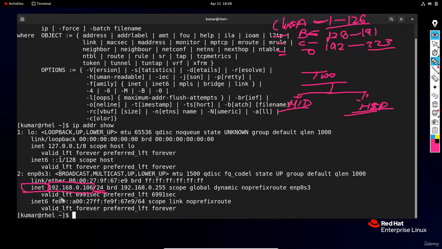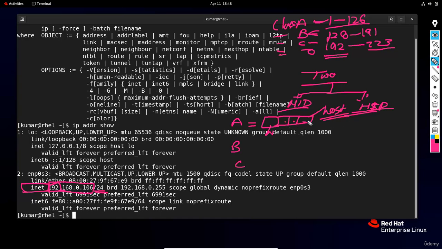So here you can see the IP address starts from 192. It is considered class C. In class A, the first octet is the network and the other 3 octets are the host ID.